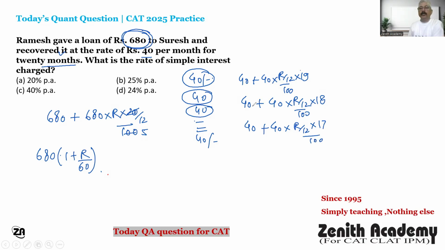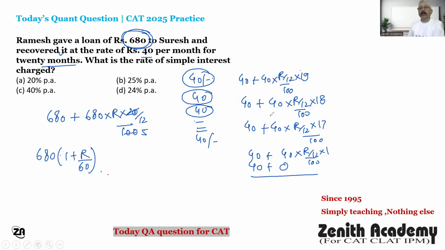Are you getting me? So all 20 EMIs will be equal to 40 plus the interest generated by the EMI. The last EMI has no interest, and the second last EMI will give only one month of interest.